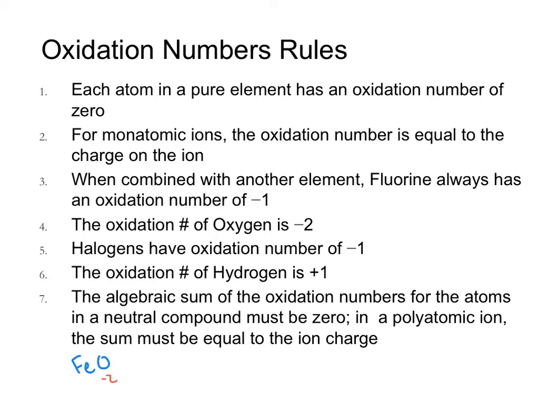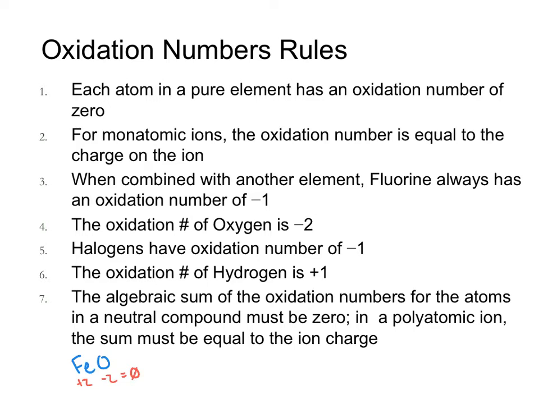We also know from our rules that for a monatomic ion, the oxidation number is equal to the charge on the ion. The charge on the ion for iron must be a +2. And if we look at Rule 7, the sum of oxidation numbers in a neutral compound must be 0. And so we see that works out.